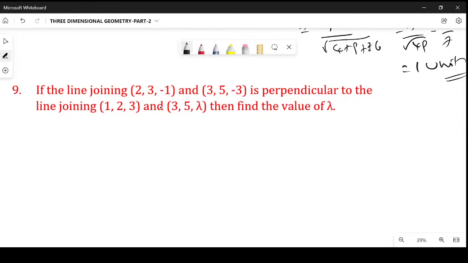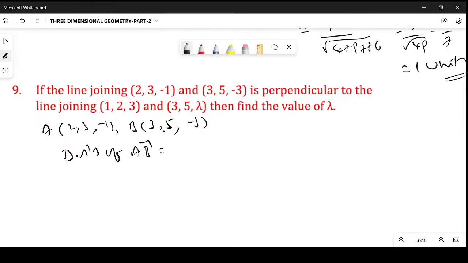Now, the line joining this one is perpendicular to the line joining the other. So two lines are there. Consider the first line. The DRs of the first line: let this be A (2, 3, -1) and B (3, 5, -3). What are the DRs of AB bar?